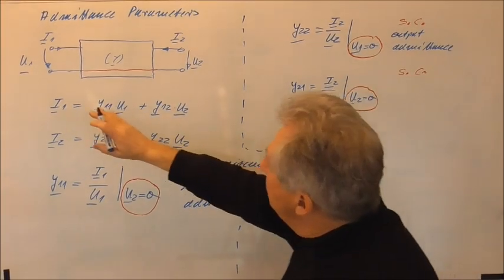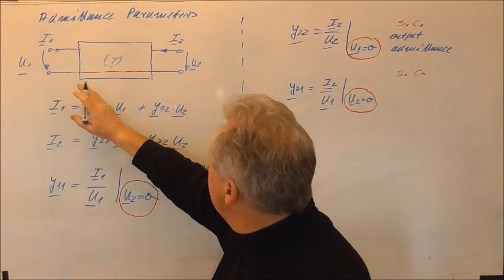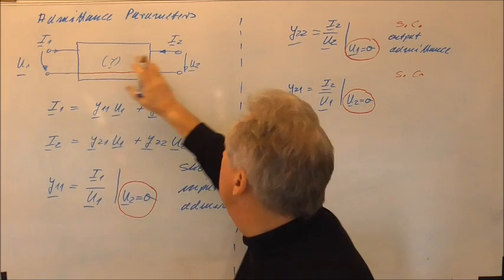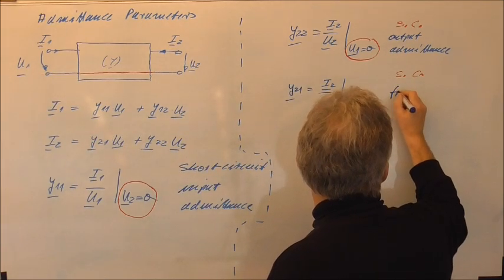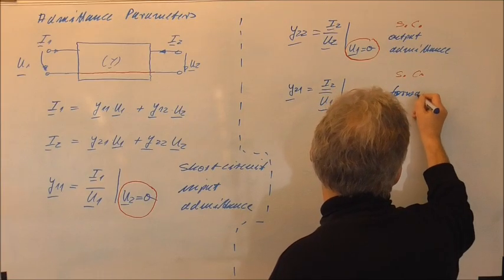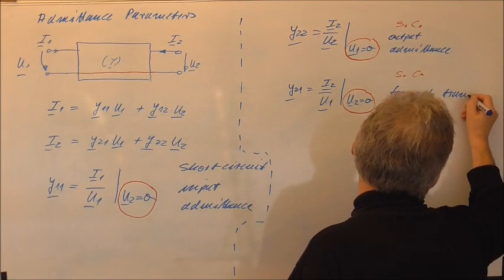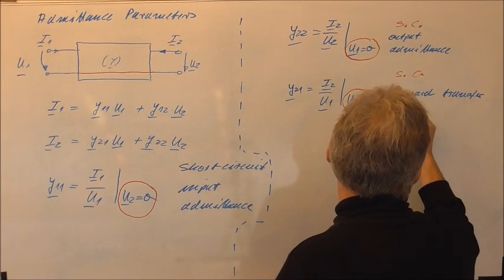And since this parameter describes the influence of the input signal on the output signal, we can call this forward transfer admittance.